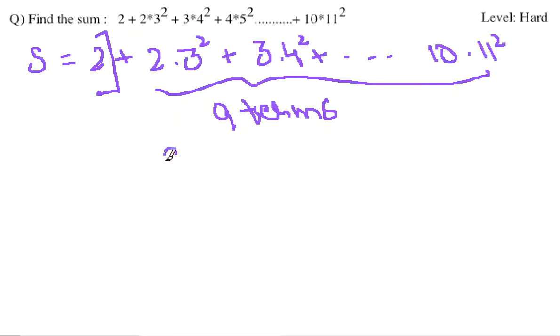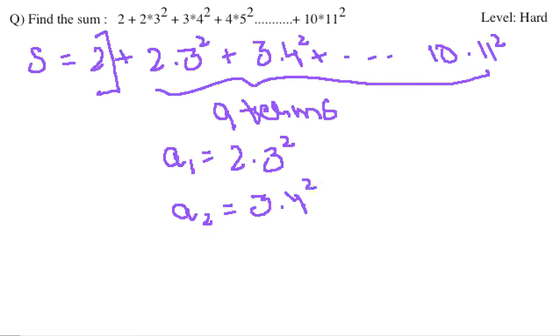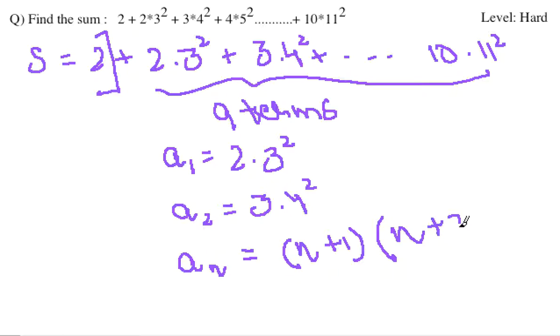If a1 is equal to 2 into 3 square, a2 equal to 3 into 4 square, then what is an? An is nothing but n plus 1, because for 1 we have got 2 here, so that becomes n plus 1, and for 1 we have 3 here, so this is n plus 2 whole square. Any of these terms could be represented as this particular term.